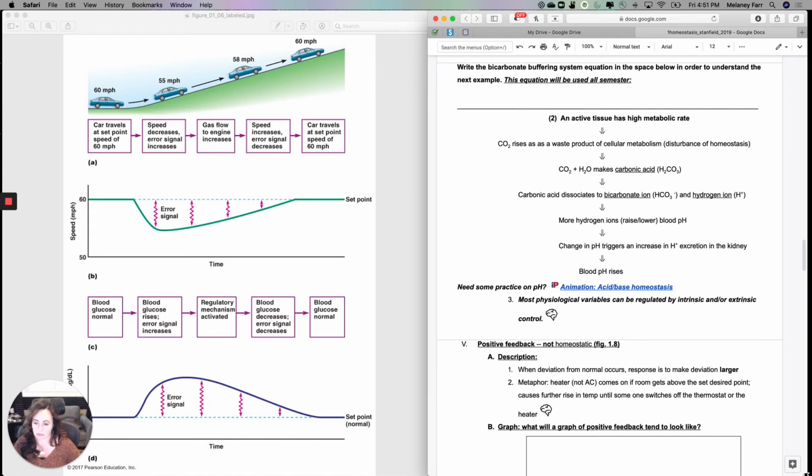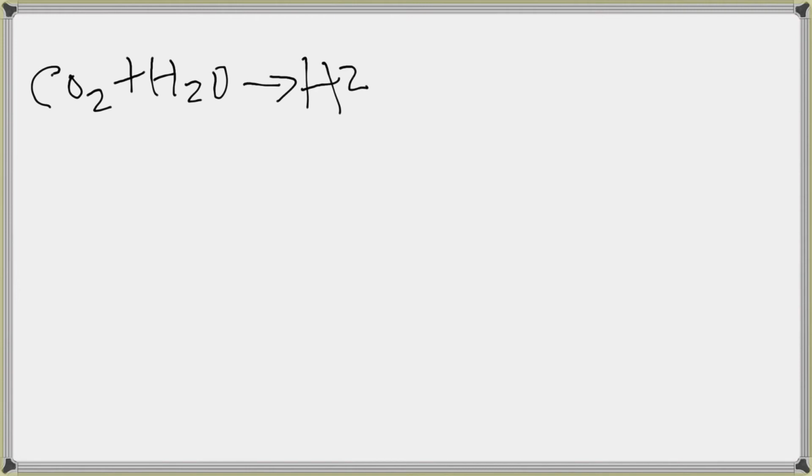So let me just start the whiteboard. Okay. Ready? Okay, so you are going to have to memorize this. I know it might take you a minute, but you're eventually going to have to memorize this. So carbon dioxide plus water yields carbonic acid, which is H2CO3.